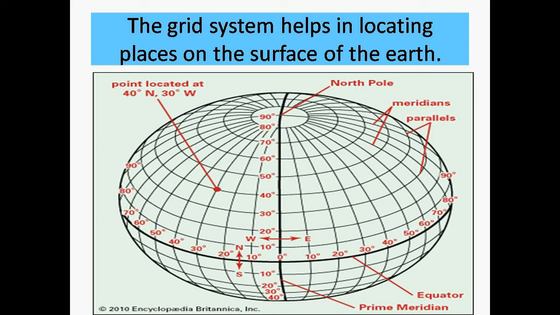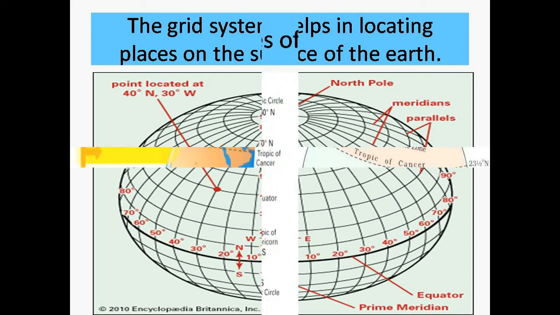For example, if you want to locate a place, then you need to know the latitude and longitude of that place. The location of the place would be at the intersection of its latitude and longitude. In fact, you can locate all important towns and cities on a map if you know their latitude and longitude.